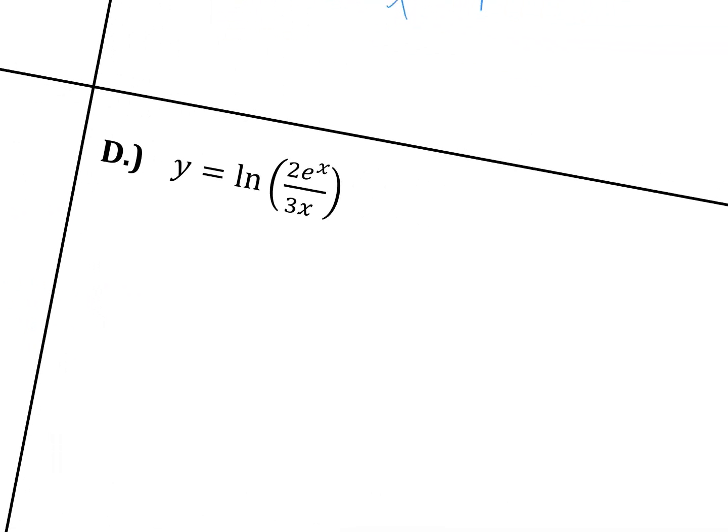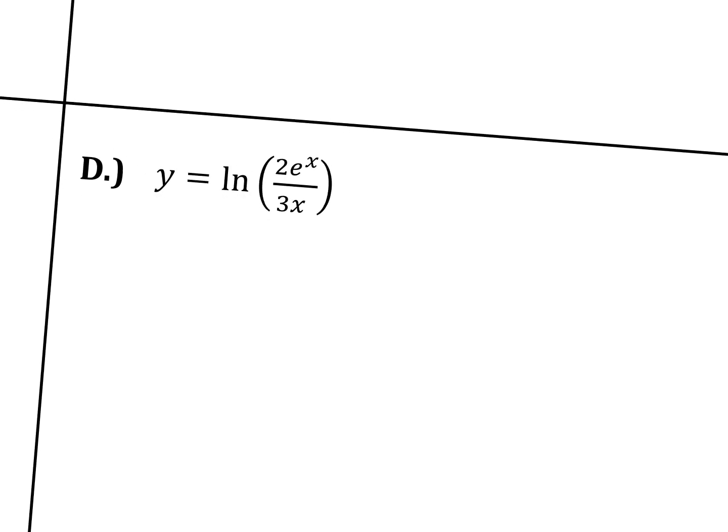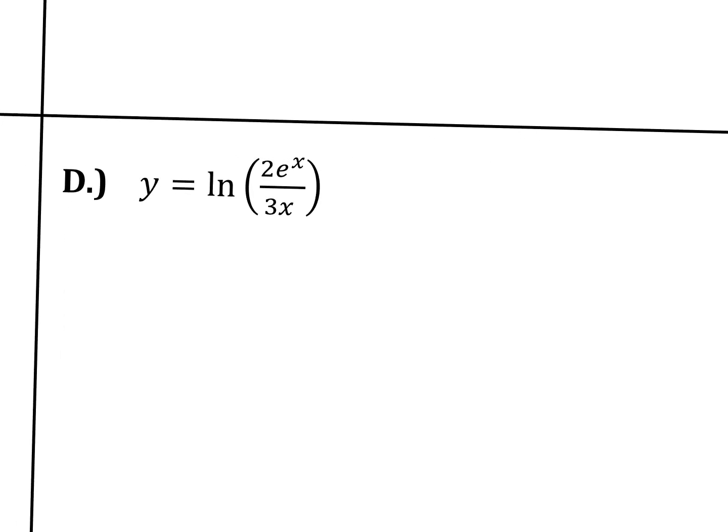All right, so we got to use some log properties. Right, I know, everybody's so excited, but that's okay. All right, so let's simplify this out first. So remember, when you have division, it becomes subtraction. And then we have products, right? We have 2 times e to the x, and we have 3 times x.